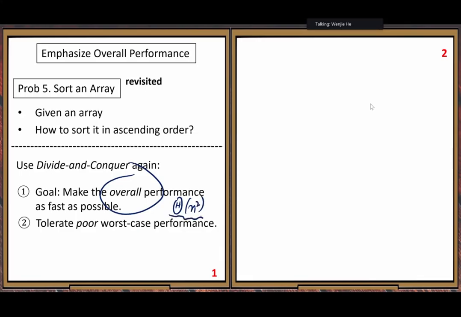That's the bottleneck. So the worst case, we avoid this. But for the Quicksort, if you want to emphasize this overall performance, you have to sacrifice somewhere else, so we have to sacrifice regarding the worst case performance.